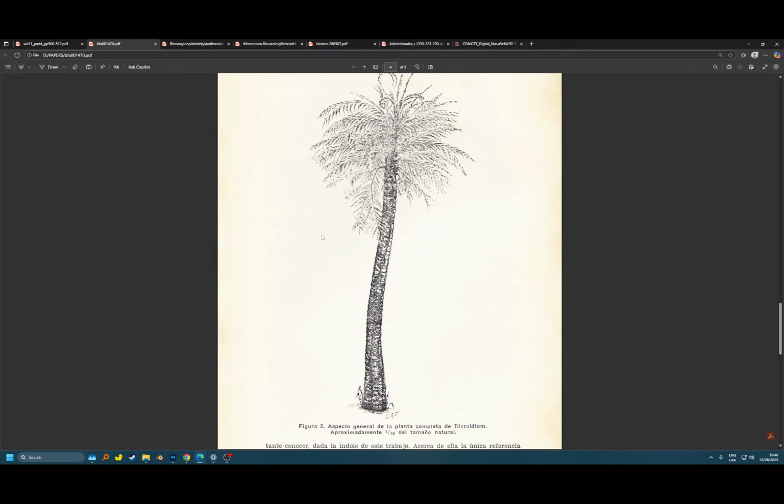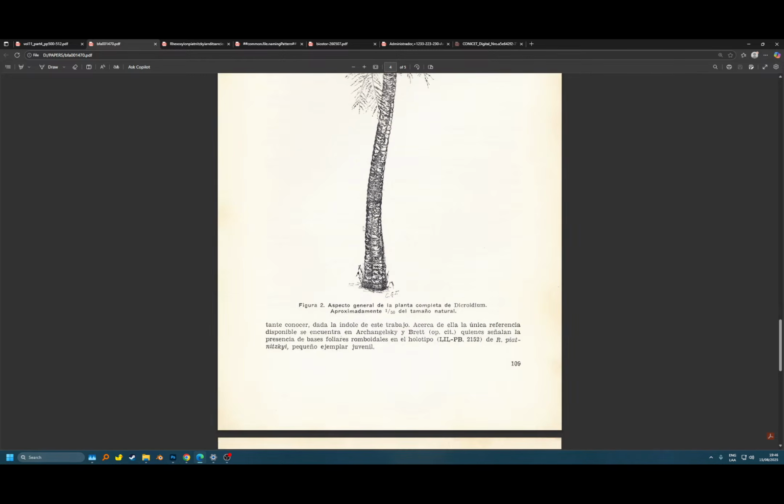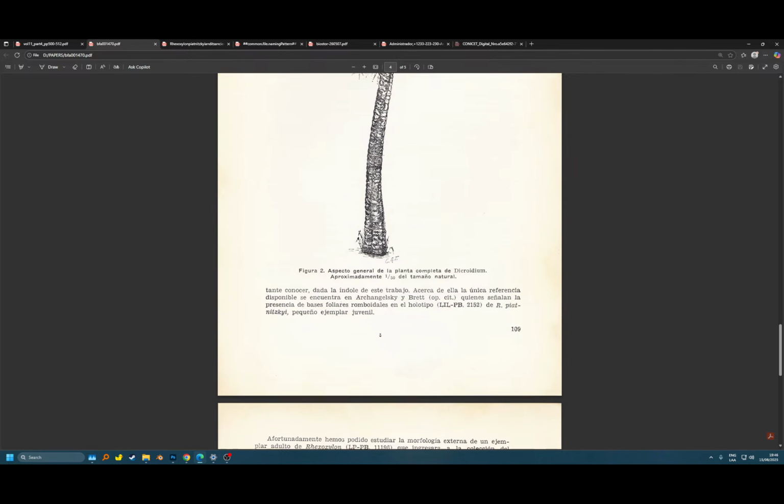Then the holotype actually is a small stem with the rhomboidal scars. This bigger stem does not have the rhomboidal scarring. You need to keep that in mind.